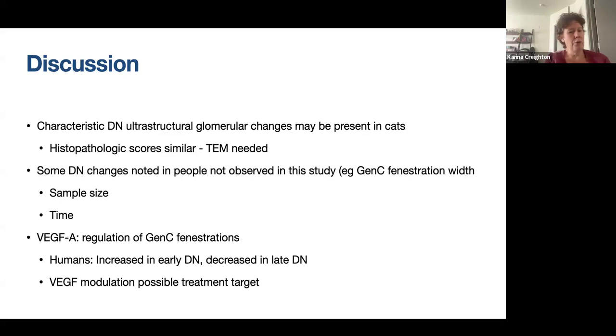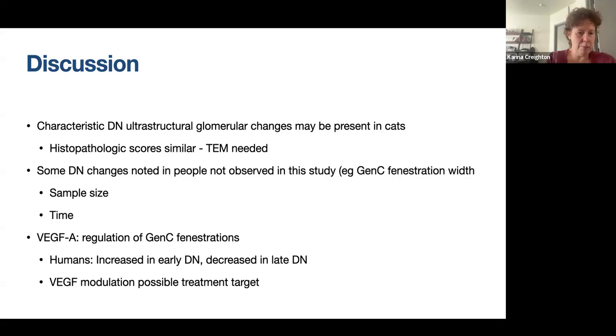There was some discussion of the role of VEGF-A. It's thought to be a big driver of the pathophysiology of diabetic nephropathy in people. And in people, one of the hallmarks of early DN is that VEGF-A expression is increased, and then as the diabetic kidney disease progresses, it will often decrease.